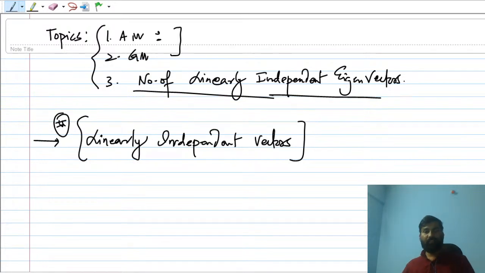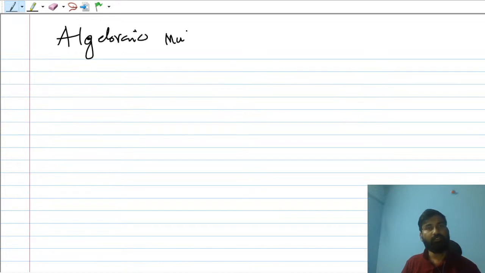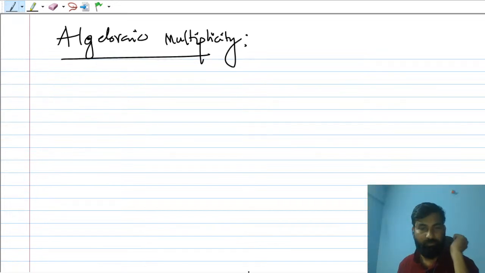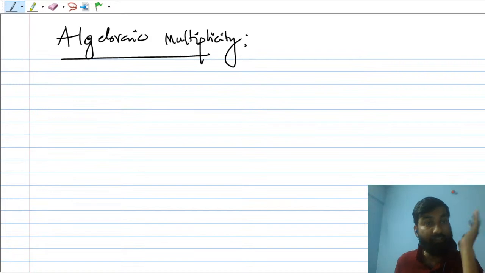So let's begin here. What is the meaning of algebraic multiplicity? Already we have talked about the meaning of eigenvalue, right?